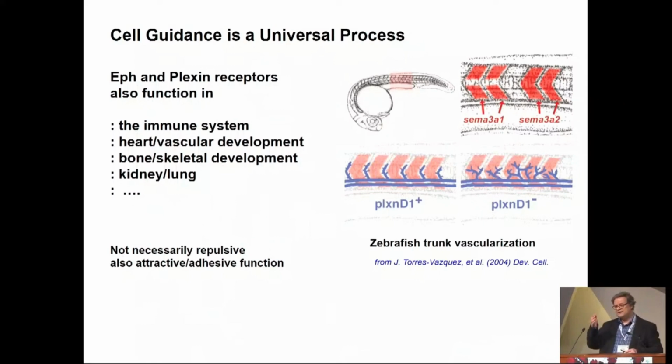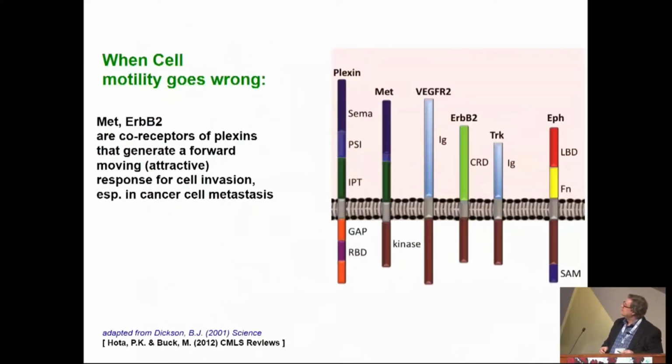So while normally the signaling is repulsive, sort of keep out, don't go here, you can switch it around to a more attractive or invasive response. And this happens in some cancers. Actually, for plexin, all these are co-receptors, famous receptors involved in cancers like MET, EGFR, or ErbB2, and so forth.